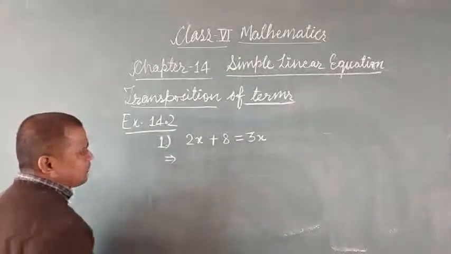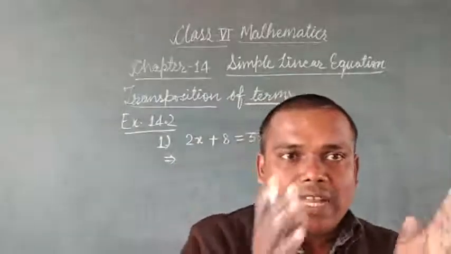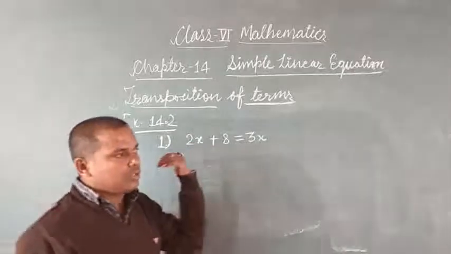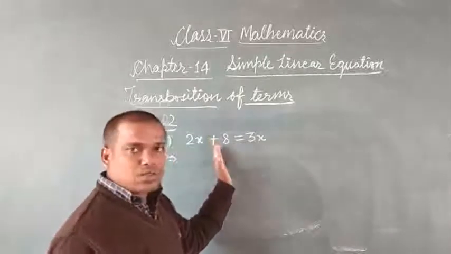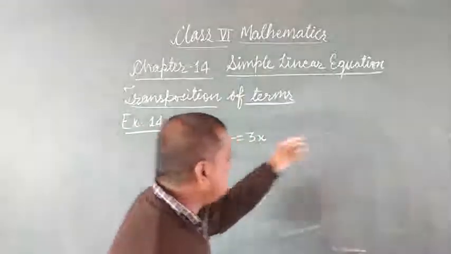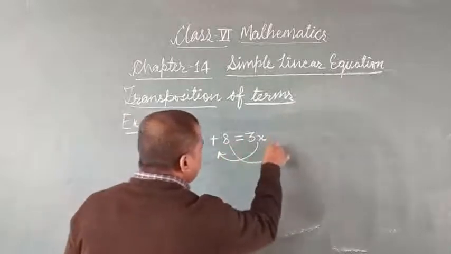Now always remember, we write the variables to the left of the equality sign and constants to the right side of the sign of equality. It means 3x will come to the left side and 8 will go to the right side.